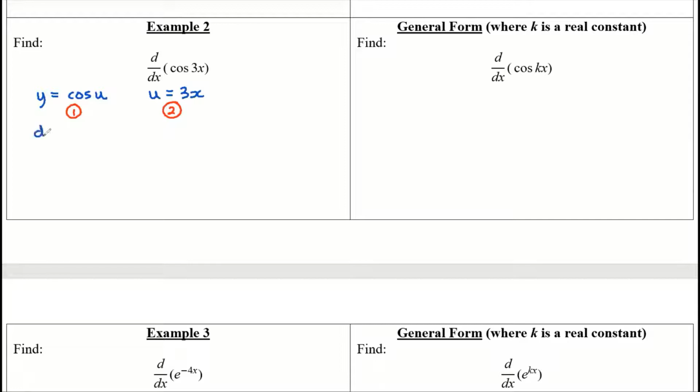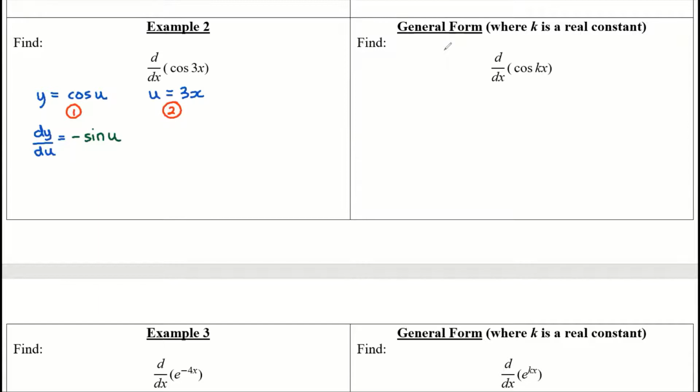To find dy by du, of course, we have to use the result from the previous lesson. The derivative of cosine is, of course, negative sine. This is with respect to u, so that's going to be negative sine u.